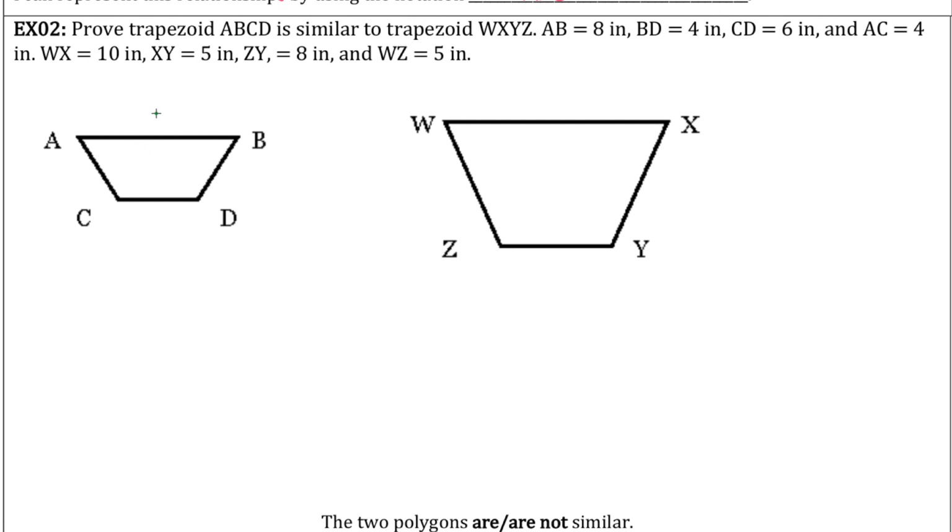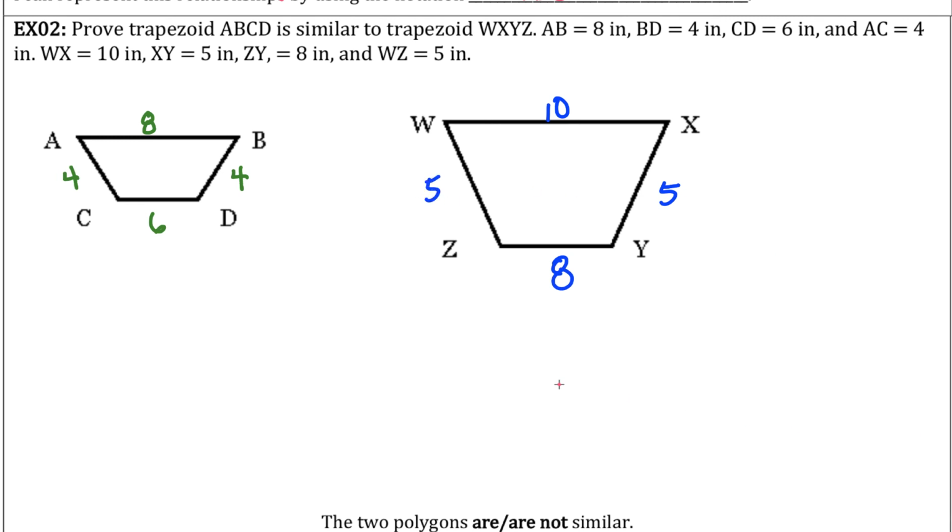BD is 4. CD is 6. AC is 4. WX is 10. XY is 5. ZY is 8. And WZ is 5.